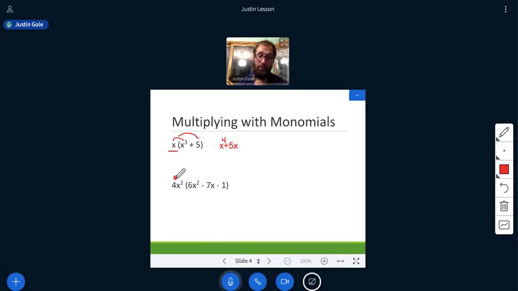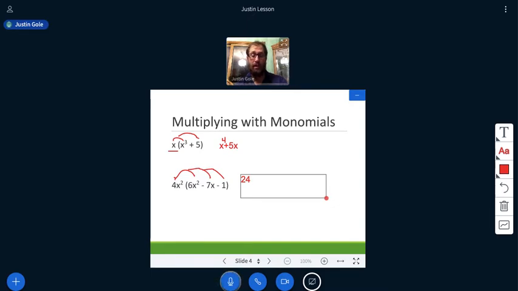If we have something a little more complex like 4x squared, and we have a trinomial, so a monomial times a trinomial, well, this really isn't any more difficult. We just have to use a little bit of the multiplying exponent power principle. 4 times 6 is 24. We multiply the constants, the numbers, first.